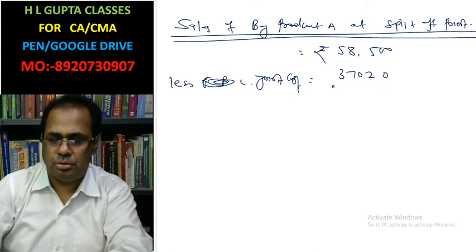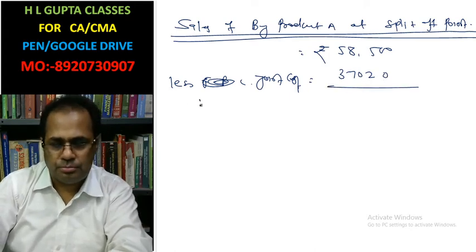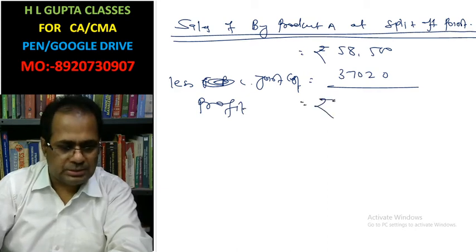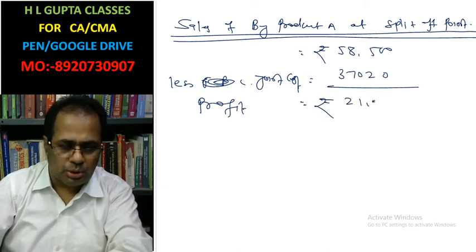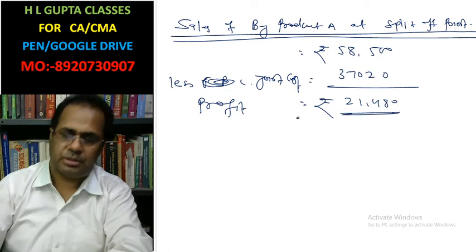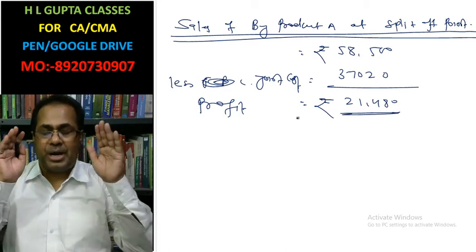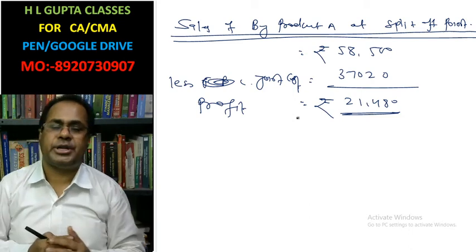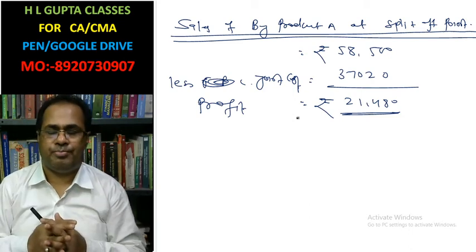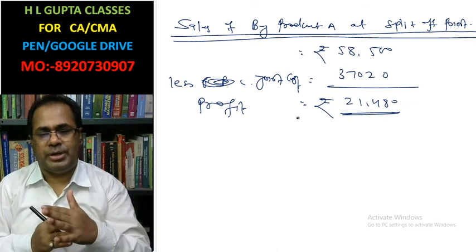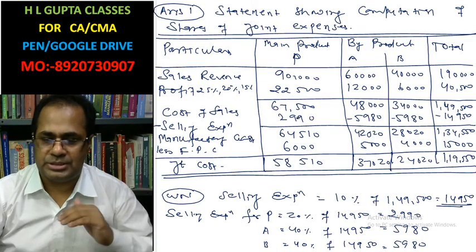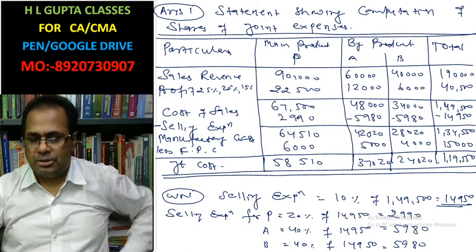Profit is rupees 21,480. This is the profit when byproduct A is sold at the split-off point, 21,480, and the profit of A when sold after further processing is 12,000.